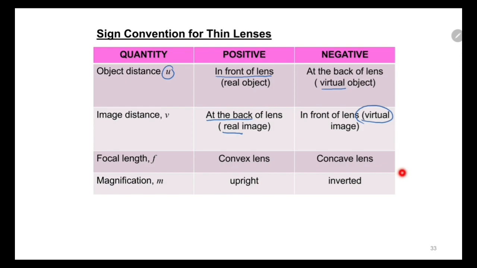Focal length for convex lens is positive. However, focal length for concave lens is negative. For magnification, it is positive if the image is upright, and it is negative if the image is inverted.